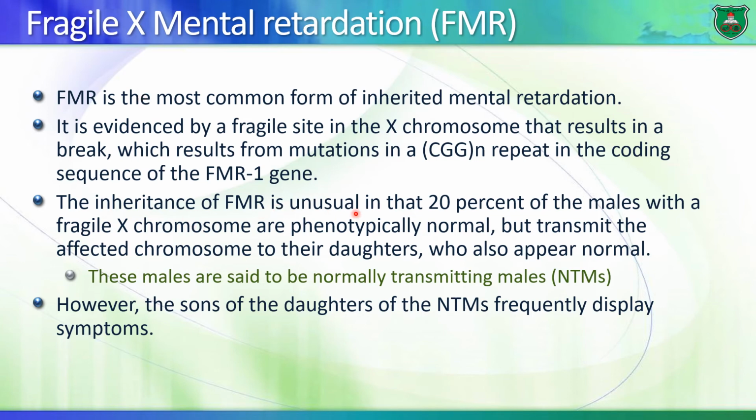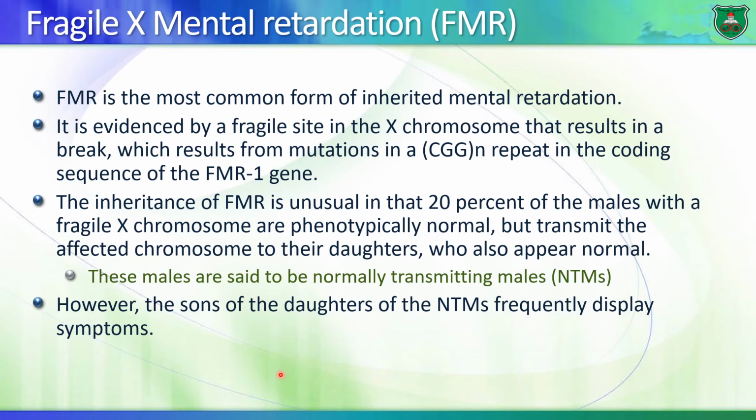It results from the end of an X chromosome being fragile, so it gets broken off the chromosome. It's an unstable part of the chromosome, and it results from mutations in a repeat of CGG in the coding sequence of the gene FMR. The inheritance of FMR is unusual, and about 20% of males with Fragile X syndrome are phenotypically normal.